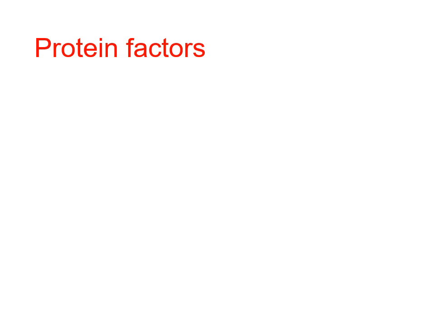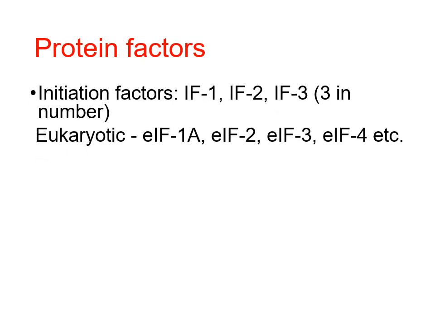Now, apart from mRNA, tRNA, rRNA, amino acids and energy, we also require a number of protein factors which are important for all three phases of protein biosynthesis. We have what are called initiation factors, abbreviated as IF. In prokaryotes we have three initiation factors, IF1, IF2, and IF3.